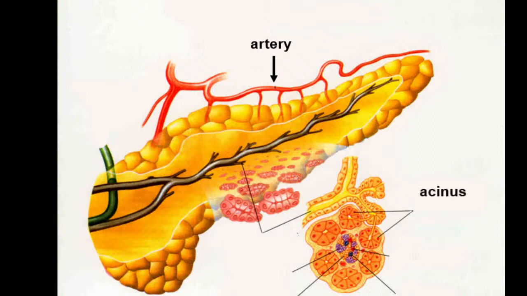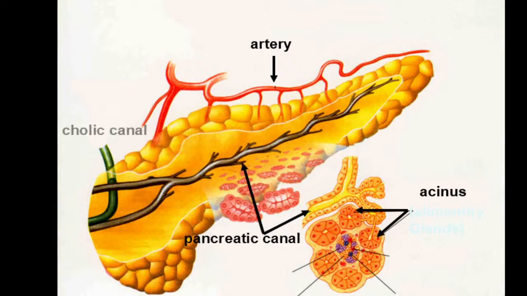Due to the activity of specific glands of the pancreas, the Langerhans islands, which produce insulin, the level of sugar in our blood is controlled.